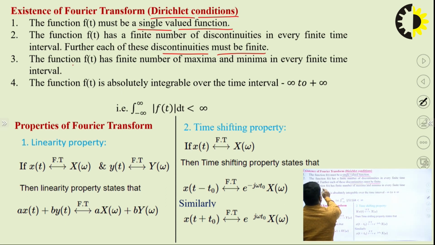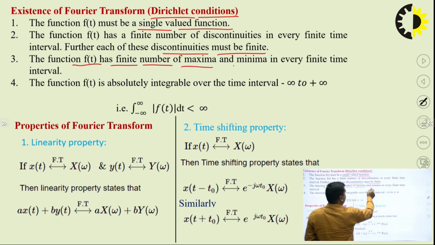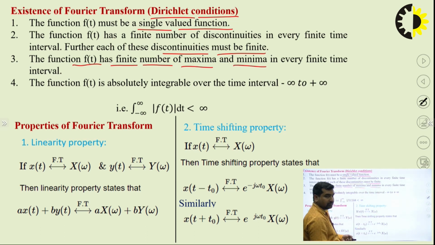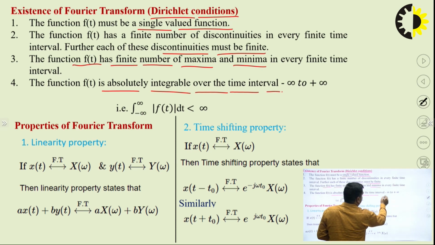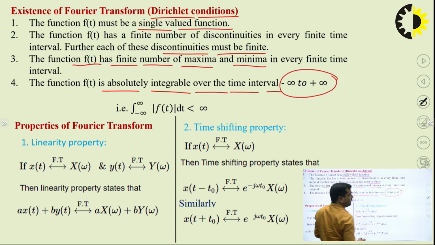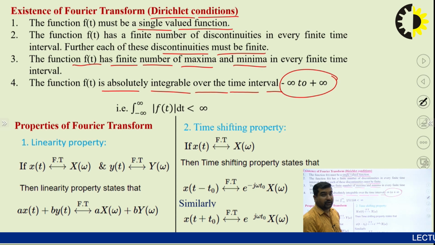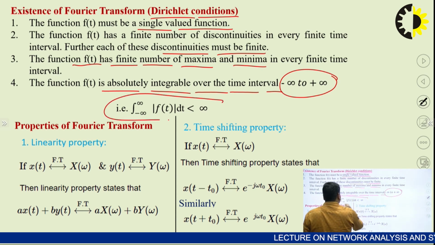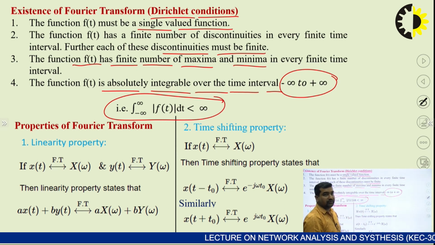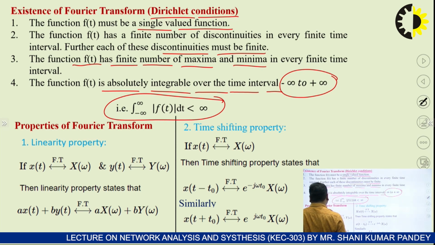And third, the function f(t) has a finite number of maxima and minima, if any, and that must be finite in every finite time interval. And the function is absolutely integrable over the time interval minus infinity to infinity. It means that the integration of that particular function can be done over the period minus infinity to infinity. So that is the function that can be transformed into the Fourier expression.